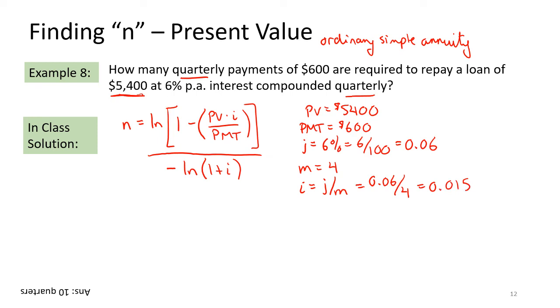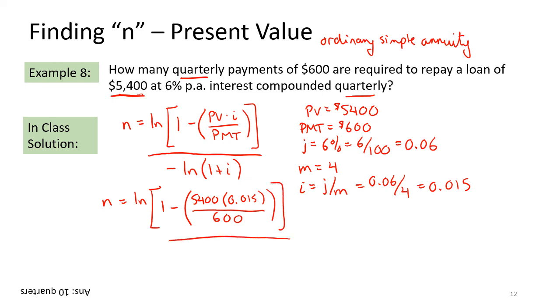Okay, substituting these values in, N is equal to the ln of 1 minus our present value, $5,400, times 0.015, our periodic interest rate, divided by our payments, $600. Okay. That's divided by the negative ln of 1 plus 0.015.